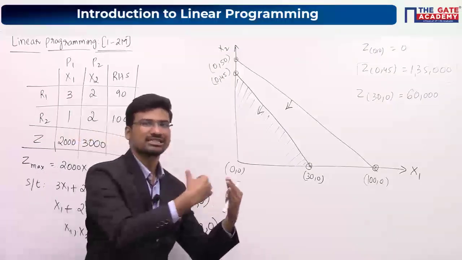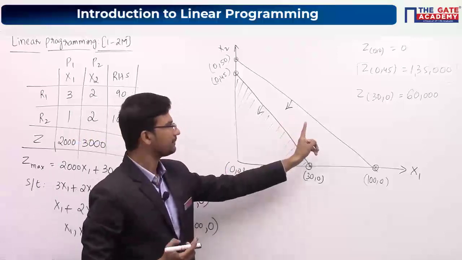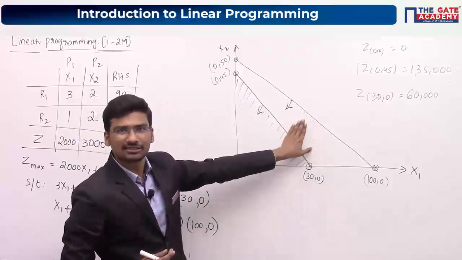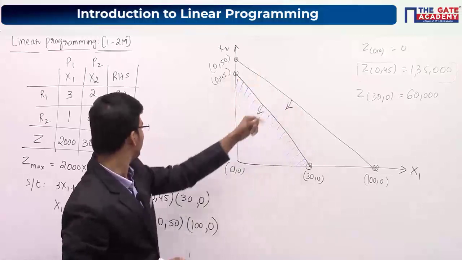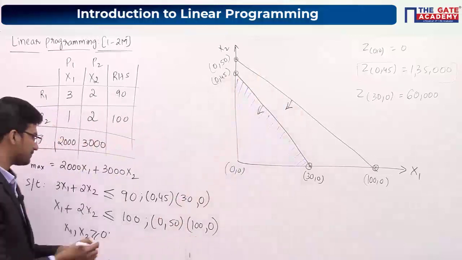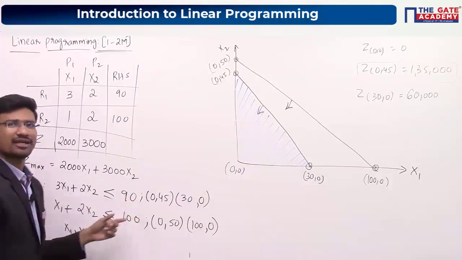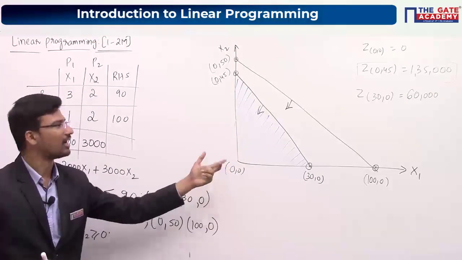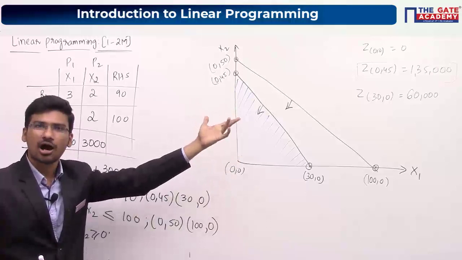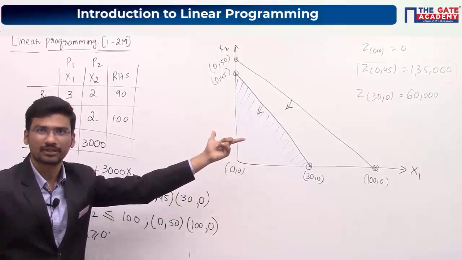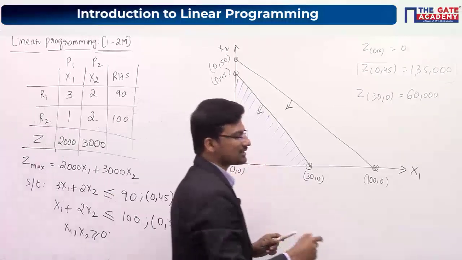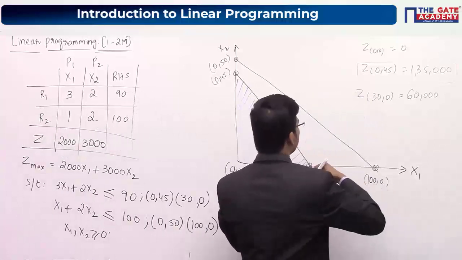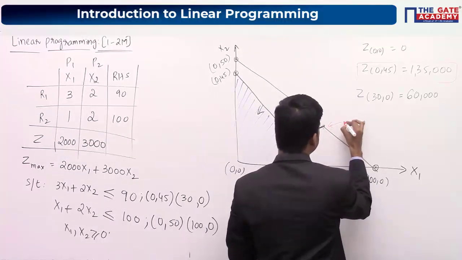Now before discussing that, one more point here. See, if I remove this particular constraint, 0, 50 and 100, 0, there will be no change in the feasible region and no change in the objective function value or maximum value. So we call these types of constraints redundant constraints.